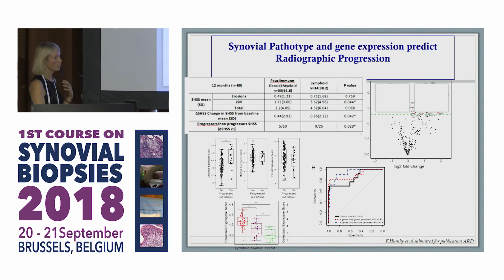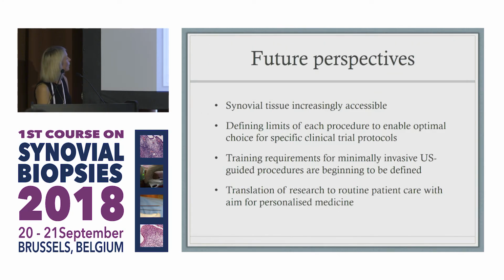And this can be incorporated into a prediction model, which is shown here, which if we take clinical variables and then a number of the genes which are upregulated in these lymphoid patients that go on to progress, we can reliably predict at baseline which patients are going to do worse. So, as a summary, I would say synovial tissue is becoming increasingly accessible.